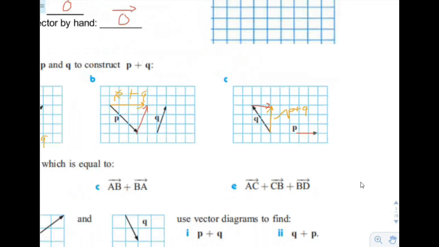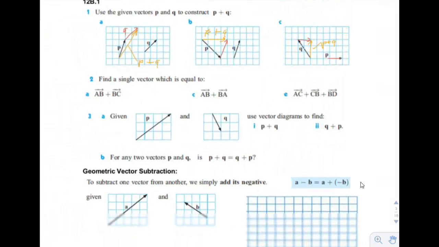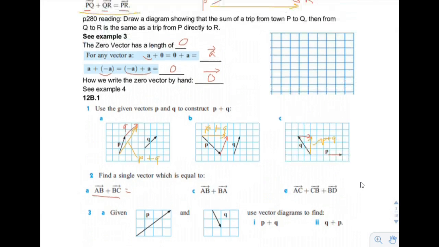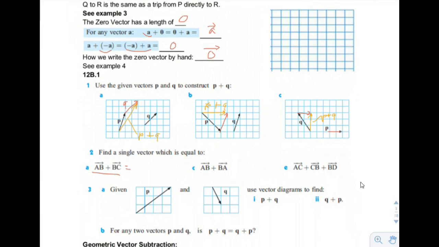Find a single vector which is equal to AB plus BC vectors. We're just going to do it like we did with going from town P to Q, then Q to R. It's the same thing as going from P directly to R in the end. So this would be the same as going from town A to C directly.